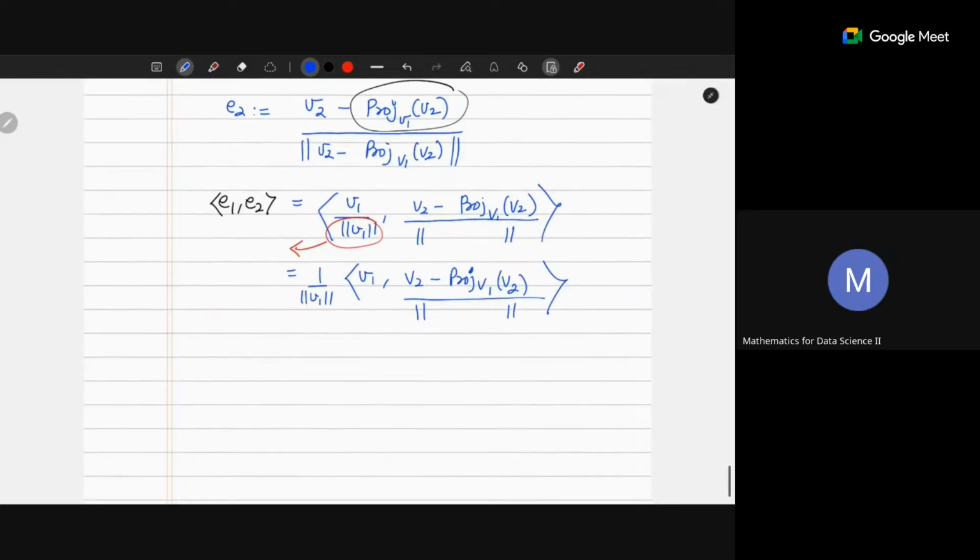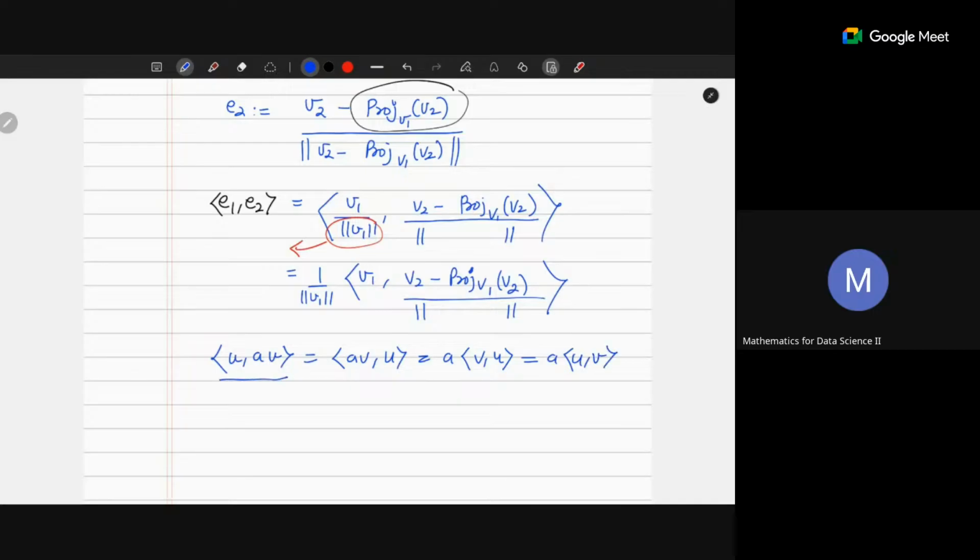Now recall that the inner product of u with av is equal to, by the symmetric property of the inner product, the inner product of av with u. Now you can take a out because of the fourth property of the inner product.